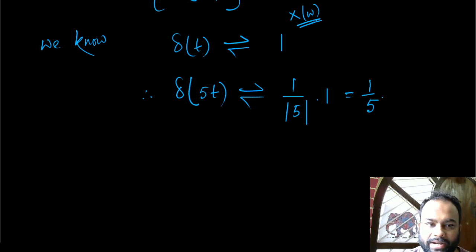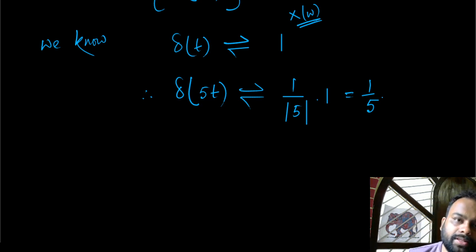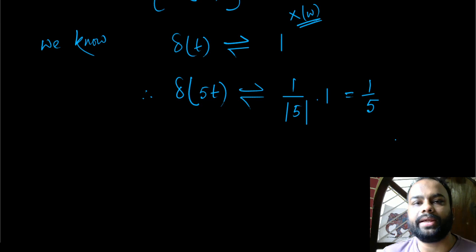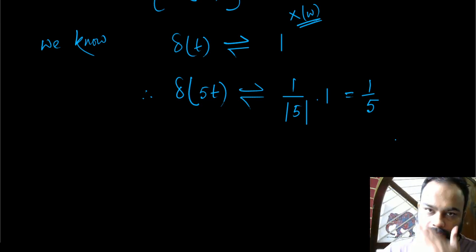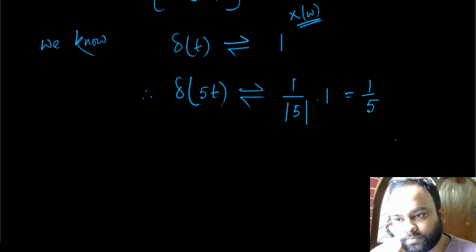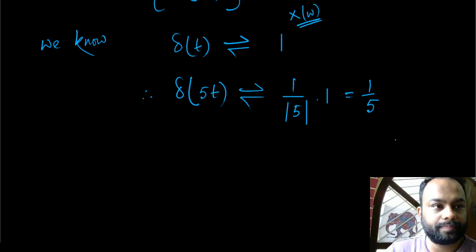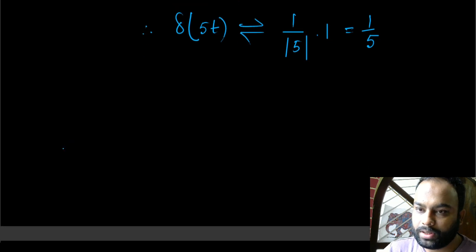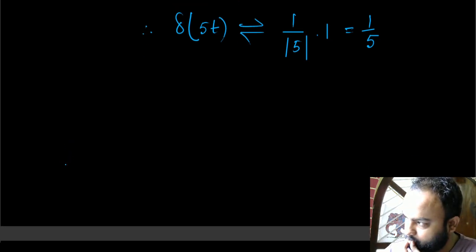That's the Fourier transform of delta 5t. I don't think there is any difficulty understanding this, right? All right. So do you need another example? We shall do plenty of examples like that later on, so that's not an issue, I think.